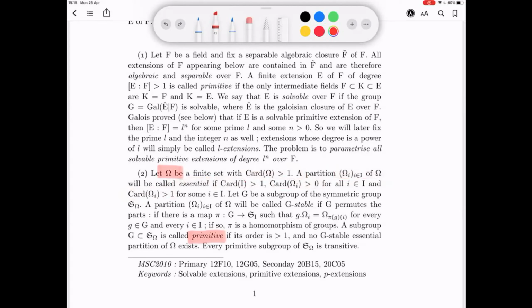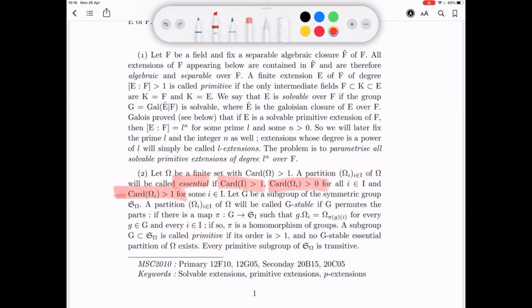So here is what an essential partition is. The number of parts should be at least 2. Each part should be non-empty, of course. That's true of any partition. And importantly, there's at least one part which has at least 2 elements.